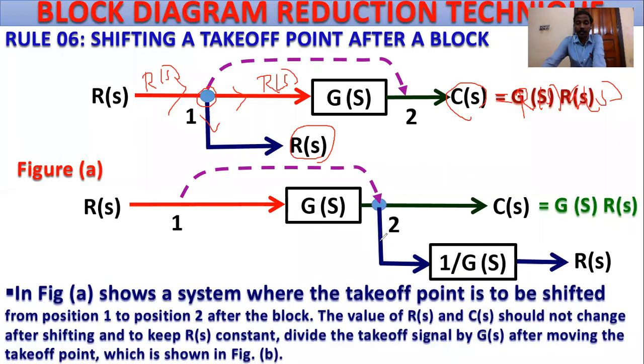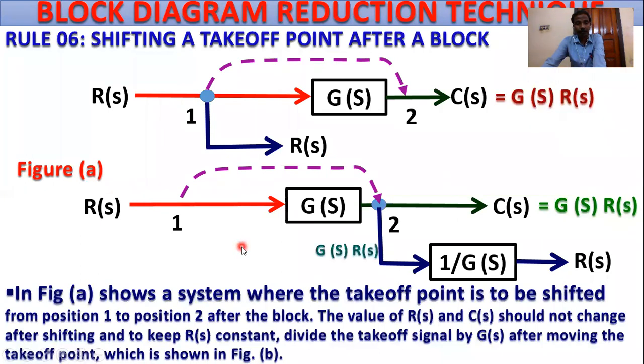Because this is the output R(s) into G(s), and multiplying this by 1 by G(s) cancels, and this path output is always R(s). So this is the G(s) into R(s) signal. This is figure B, and this signal G(s) into R(s) is the output C(s).